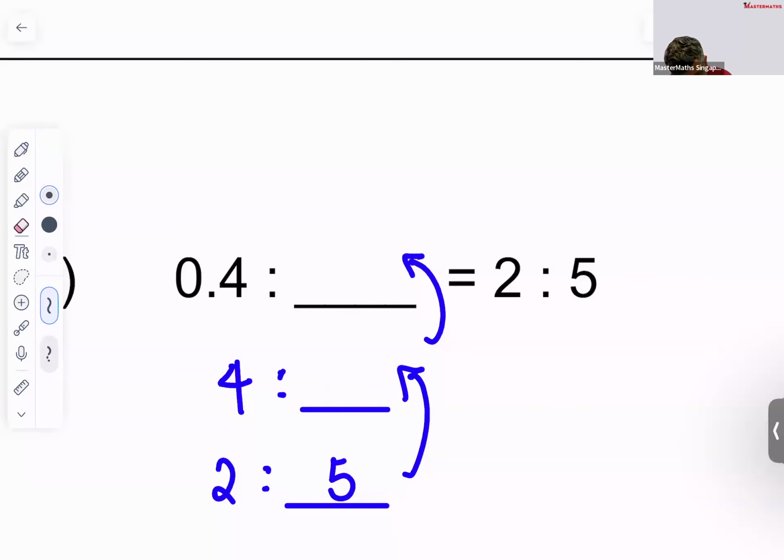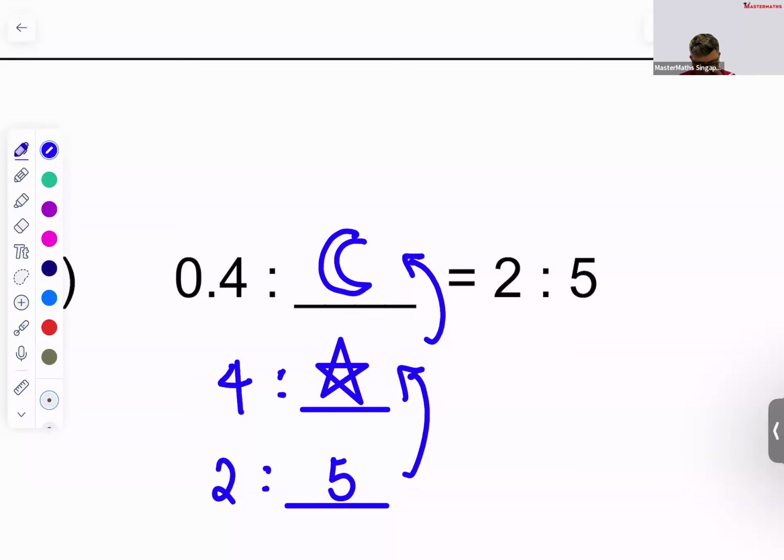What are the symbols you use in primary one? Star and then the crescent moon, right? All the astronomicals. Or I could draw a cat, but it's too long. They say cat plus cat plus cat equals 12. What is a cat? 4, right?